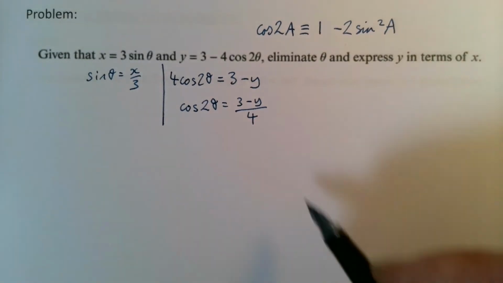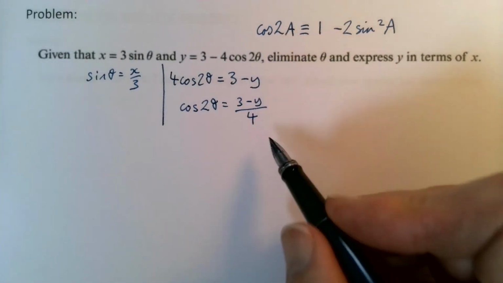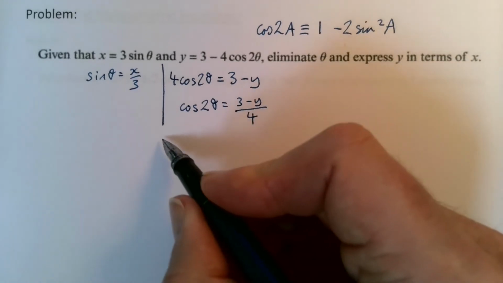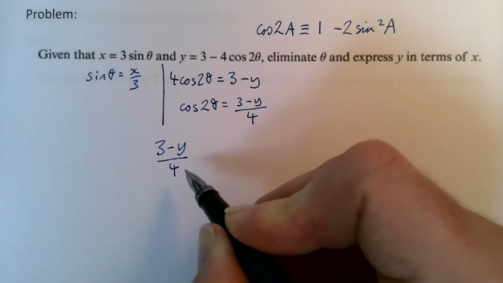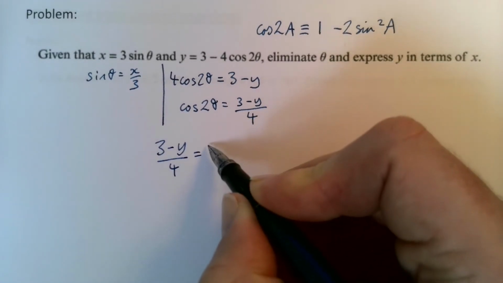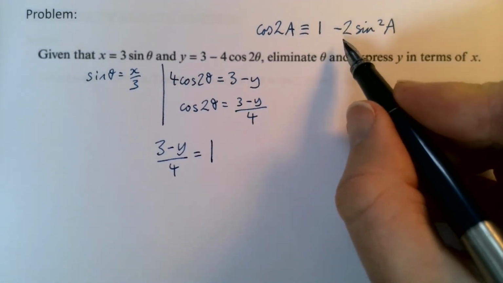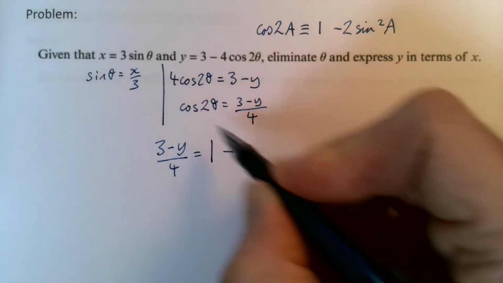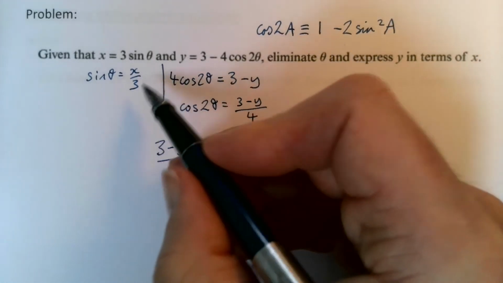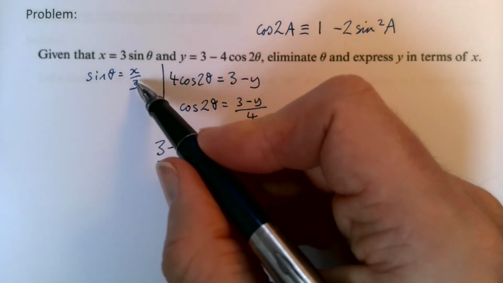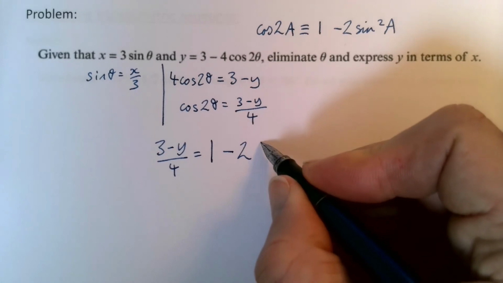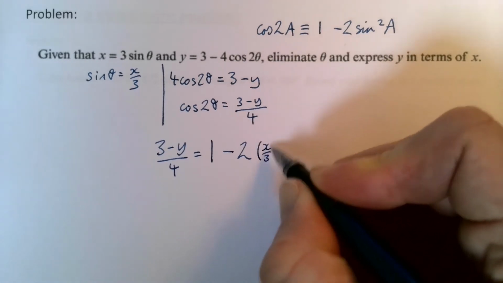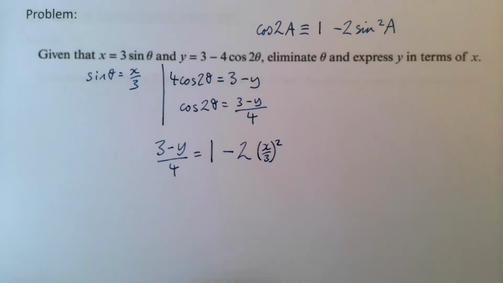So one last time, I've got my cos, which is 3 take y over 4, and that is equal to 1 take 2 times sine theta squared, which is x over 3. So times x over 3 squared. So here's my equation. I've eliminated the angle.